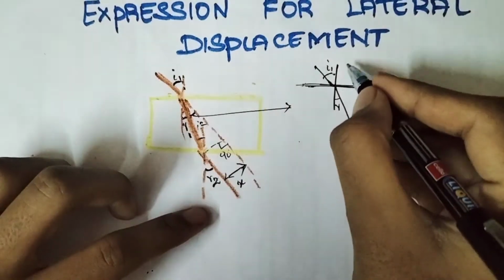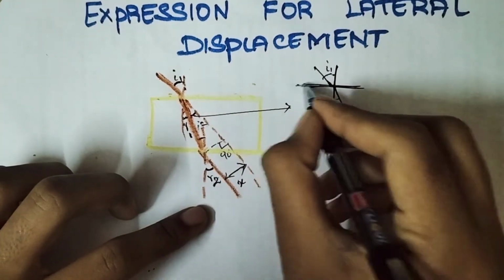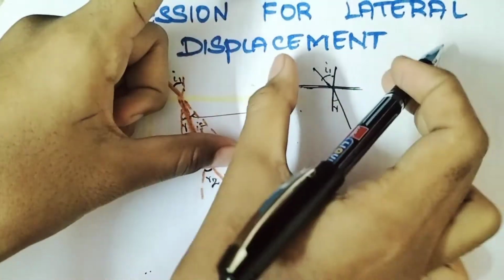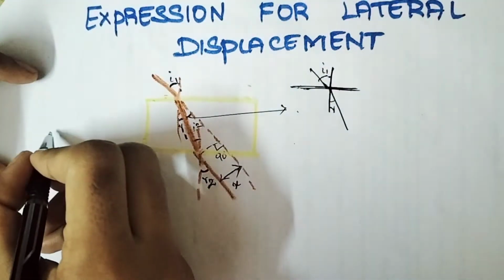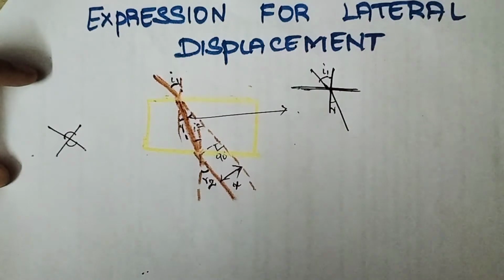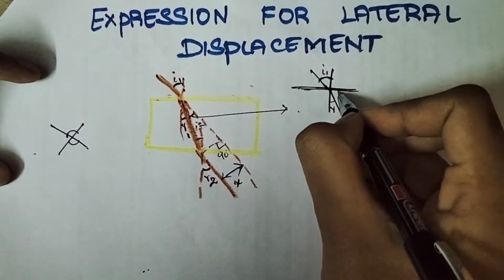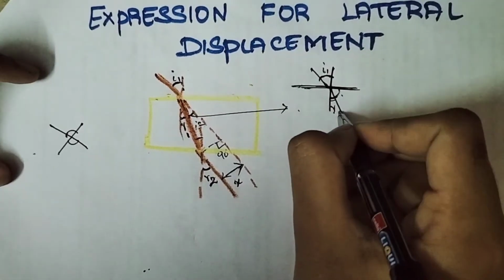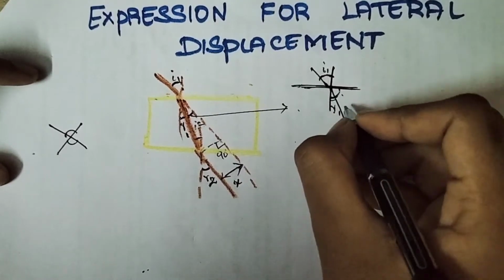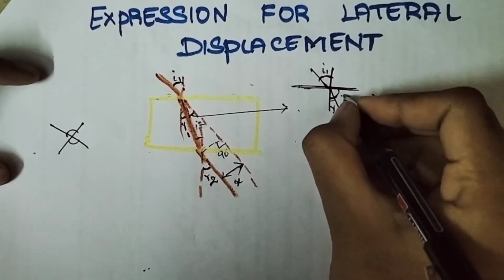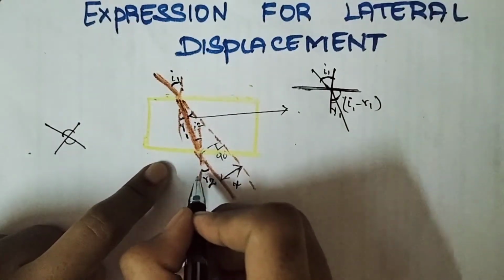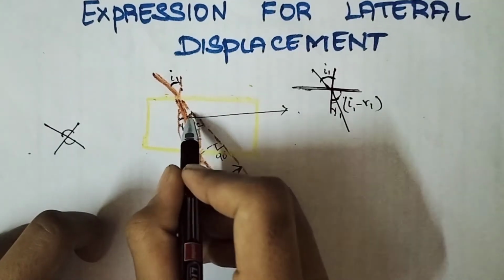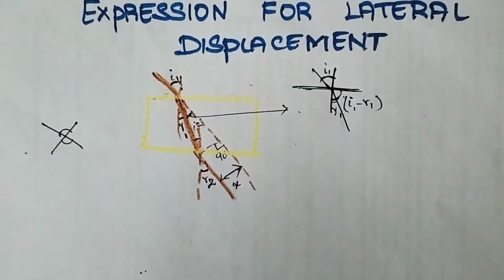We know that this line and this line, don't consider this ray, take this and this, are vertically opposite angles. So this angle and this angle will be equal. So we can write this as I1 minus R1, correct. This angle I have measured I1 minus R1, so you should keep that in mind.